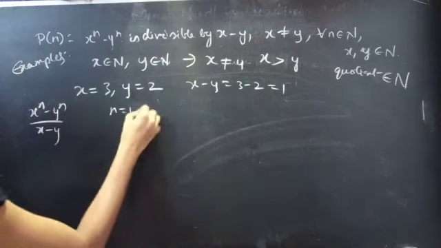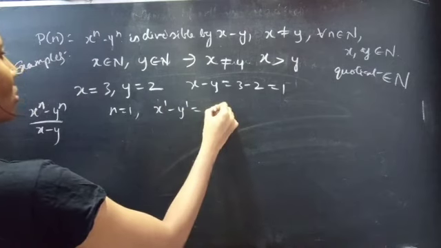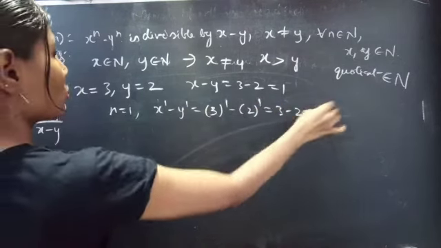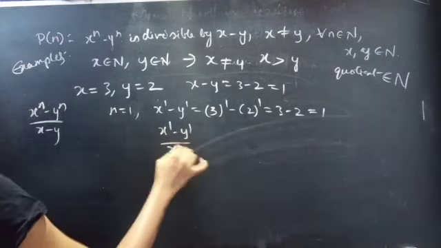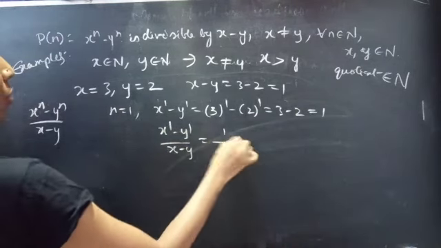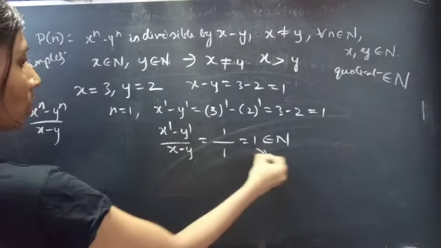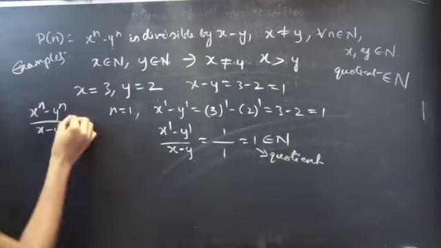When n equals 1, x^1 minus y^1 equals 3^1 minus 2^1, which equals 3 minus 2 equals 1. Then (x^1 - y^1)/(x - y) gives 1 by 1 equals 1, which belongs to natural numbers, and this is a quotient, right?